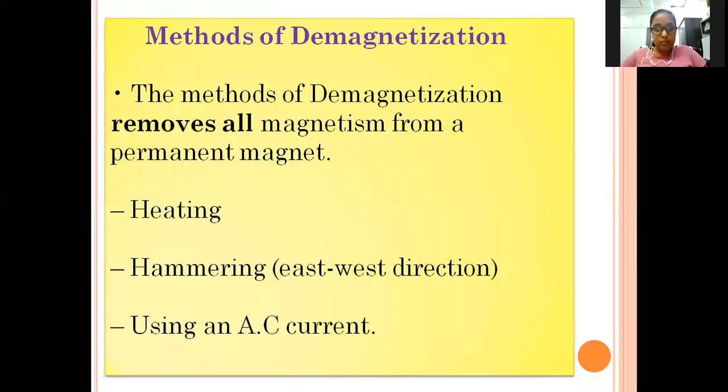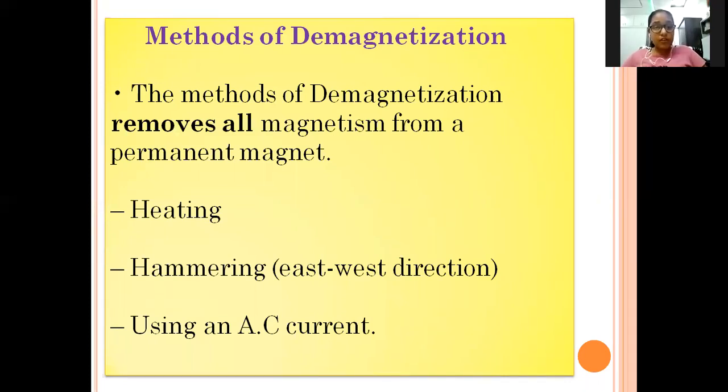Now, let us move ahead. And the last topic of my presentation on magnetism is methods of demagnetization. How many ways are there from which a magnet can lose its magnetic properties? In short, it is known as demagnetization.